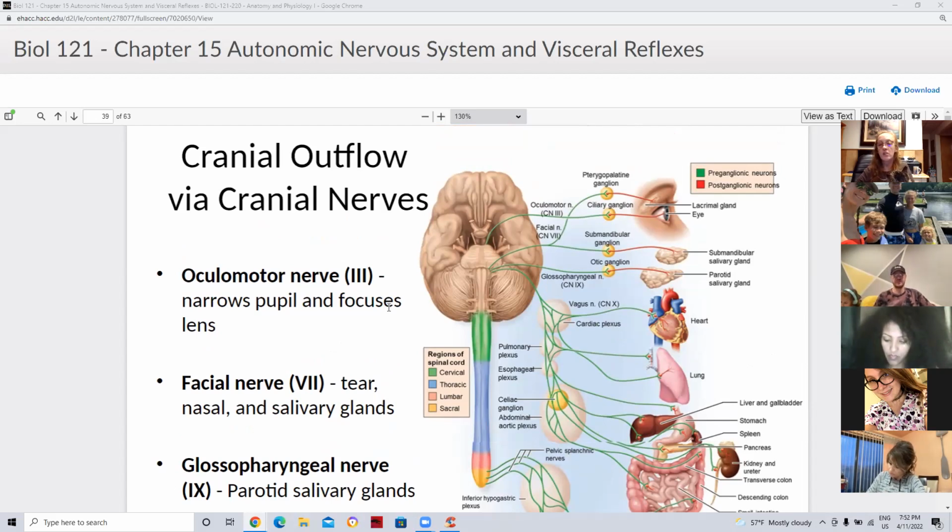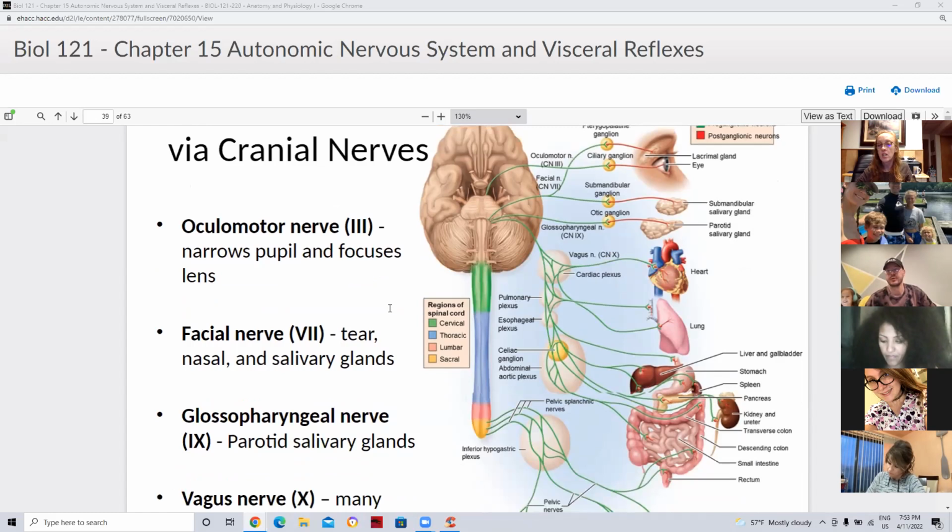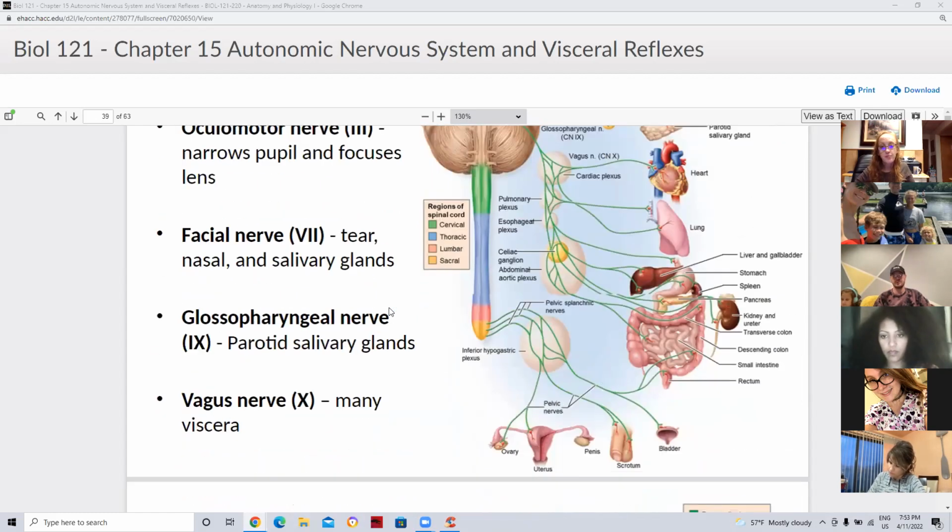The facial nerve works on tears, nasal, and salivary glands. The glossopharyngeal nerve works on the parotid salivary glands. And the vagus nerve works specifically on many different organs.